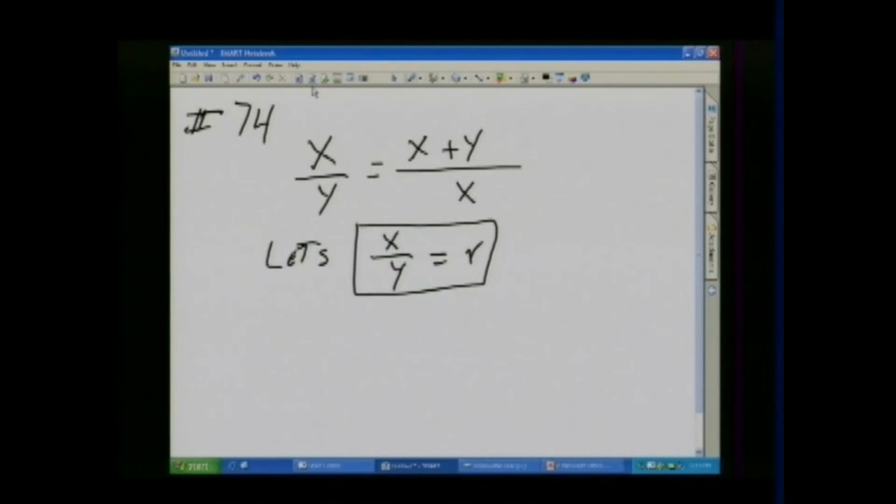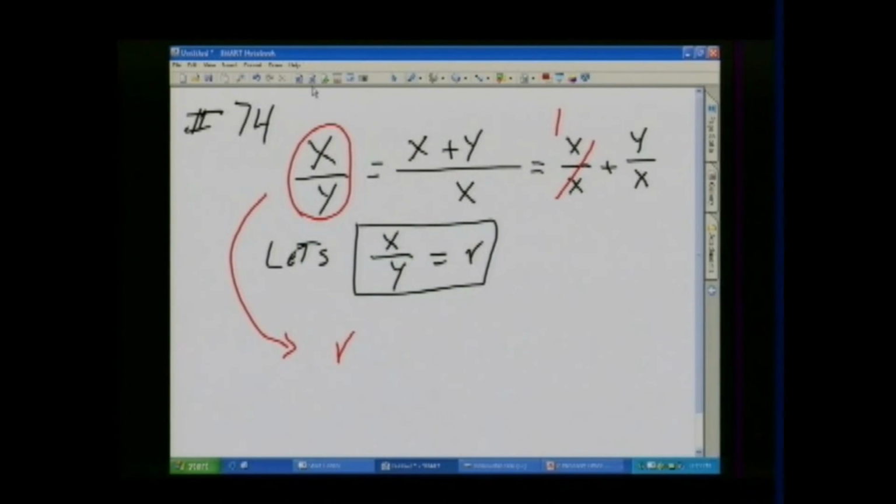So what I'm going to do up here on this side, I say this can be x divided by x plus y divided by x. And of course, x divided by x here would be 1. So that's 1 plus y over x. Therefore, what I have here, x divided by y, which I'll call r, is equal to 1 plus 1 over r.